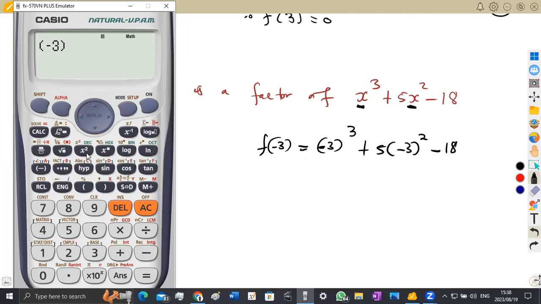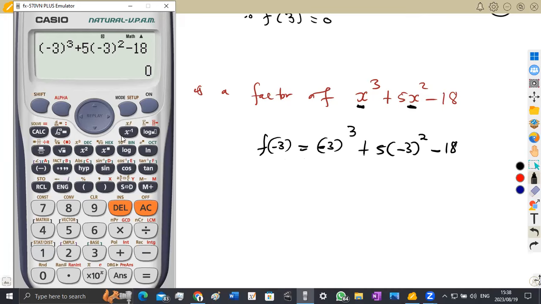So we are going to have negative 3 cubed plus 5 times negative 3 squared minus 18. So that must give us 0.